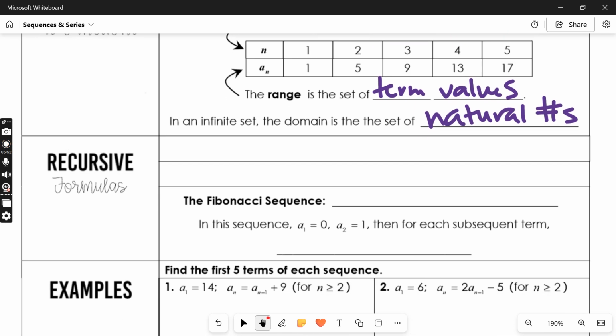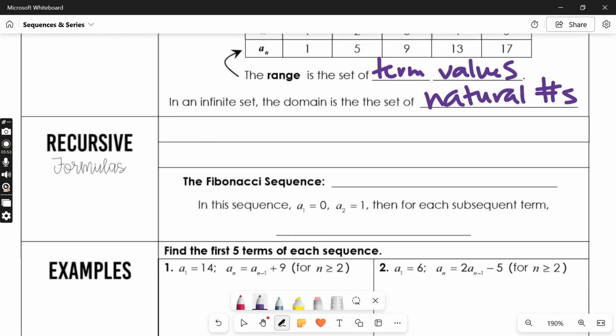Okay, so then we're going to talk about two different ways to find formulas. The first way is what's called a recursive formula.